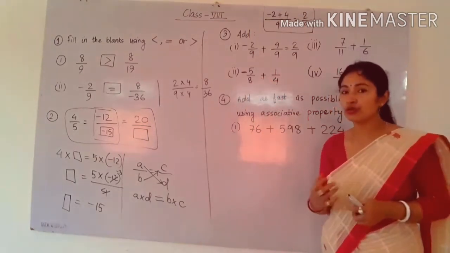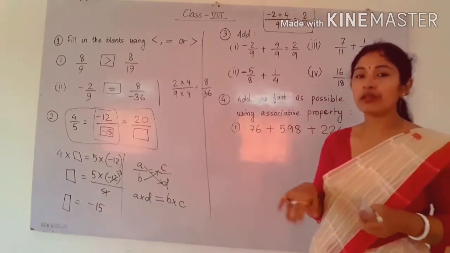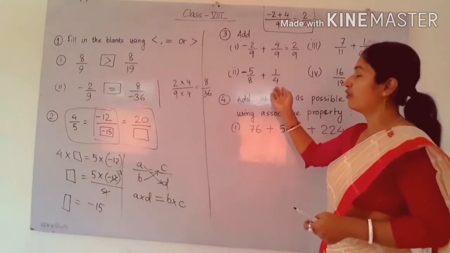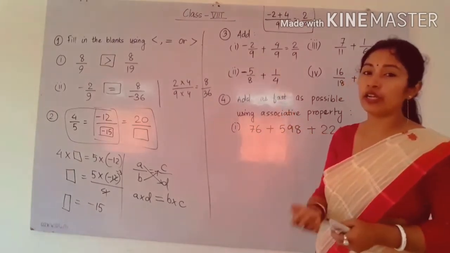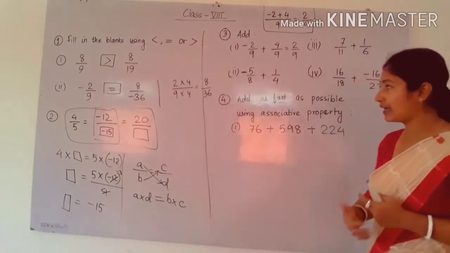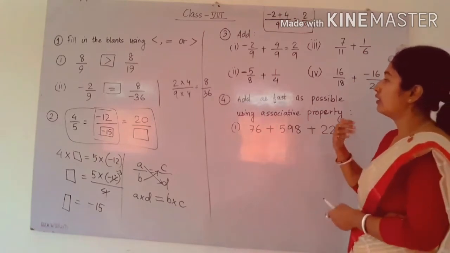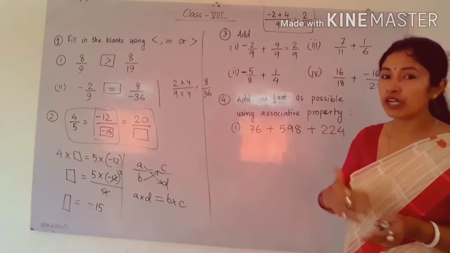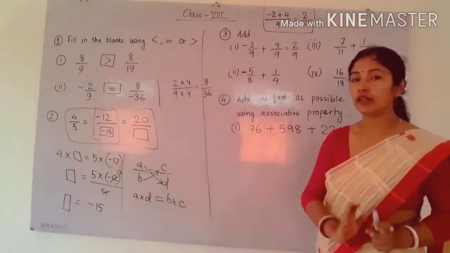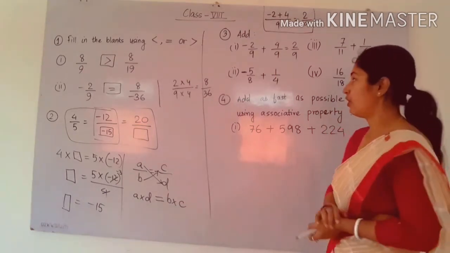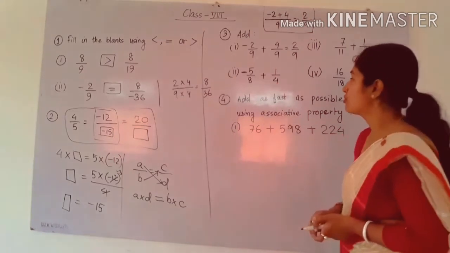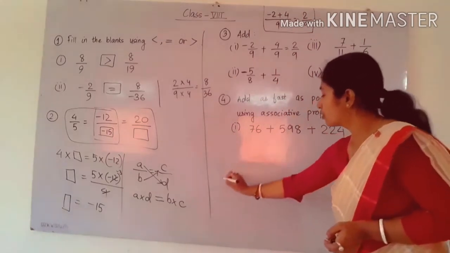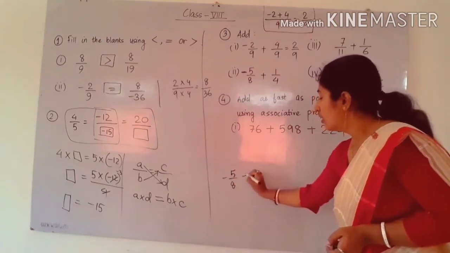You can also use the prime factorization method to find the LCM of 8 and 4, and finally you will get 8. So the direct technique is: if one number is a multiple of the other, then the greater number will be the LCM of the two numbers. So here the LCM will be 8.